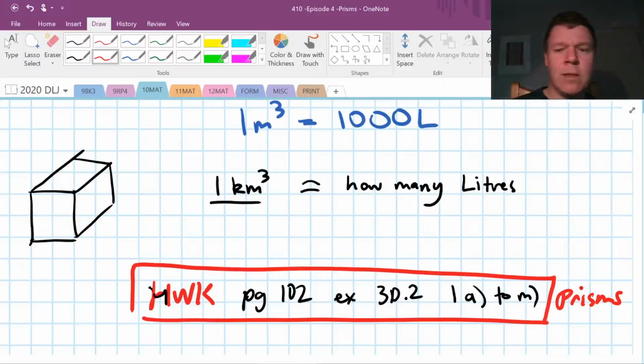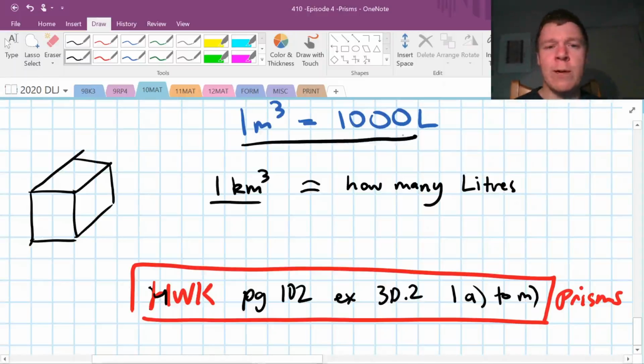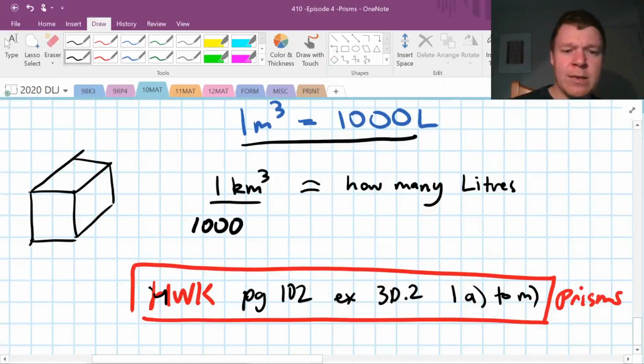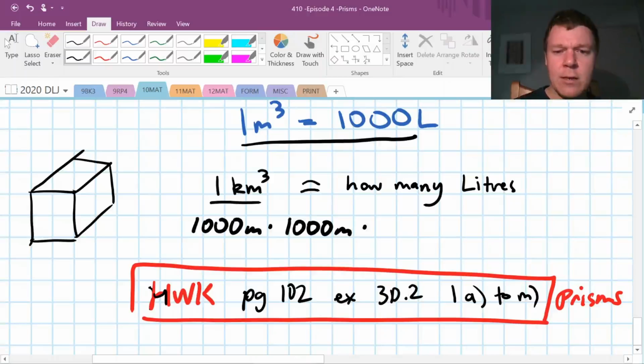While we do that, one last thing. Let's figure out how many liters in a kilometer cubed. All right. Well, we might use this identity as well. 1 cubic meter equals 1,000 liters. So 1 kilometer cubed would be 1,000 meters by 1,000 meters by 1,000 meters.